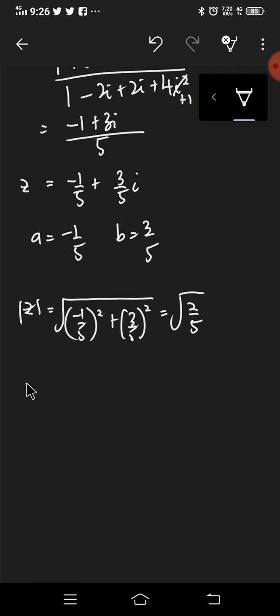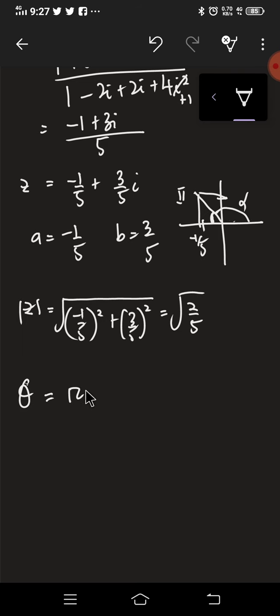And then to find the argument, we need to know which quadrant this lies in. With a equal to negative 1 over 5 and b equal to 3 over 5, it will be in the second quadrant. So what is the argument? If it's in the second quadrant, it will be pi minus the angle alpha.